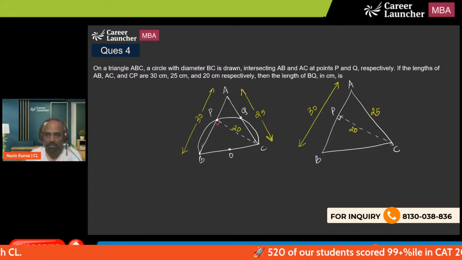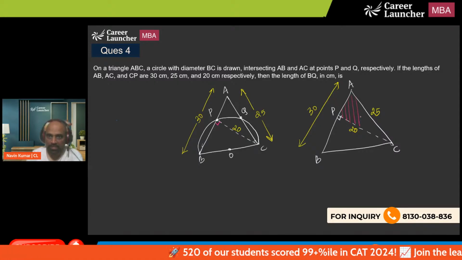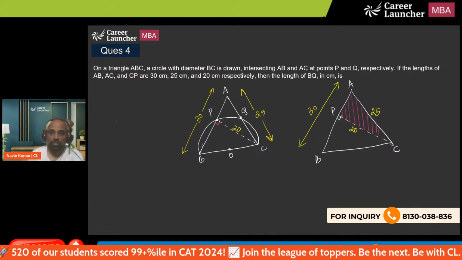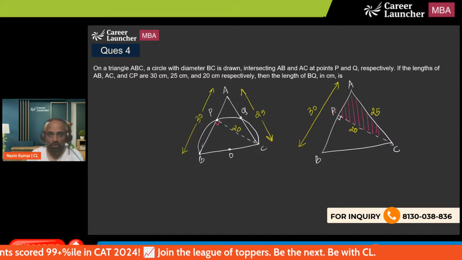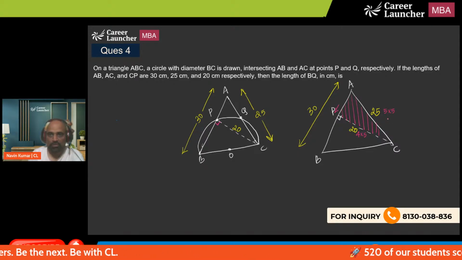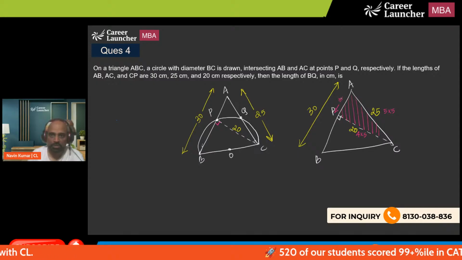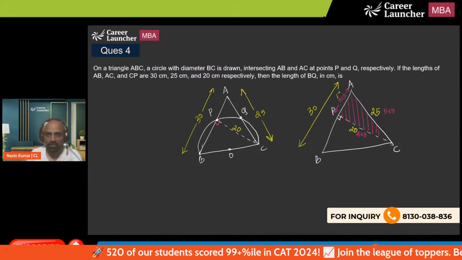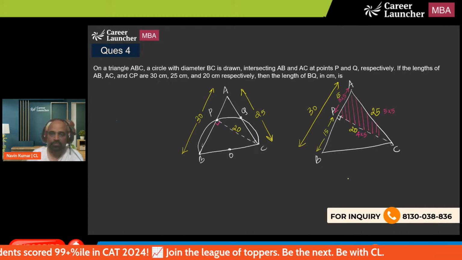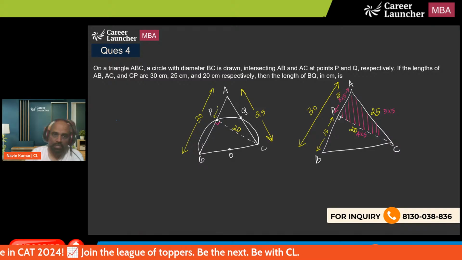So what we can do is, in this particular triangle, which is a right angle triangle, we can find out the triplet. So 20 and 25 will form the triplet. This is 4 into 5. This is 5 into 5. 5 is common, right? So this should be 3 into 5. So this is going to be 15. If this is going to be 15, this is also going to be 15. So we get to know that this is nothing but the midpoint.